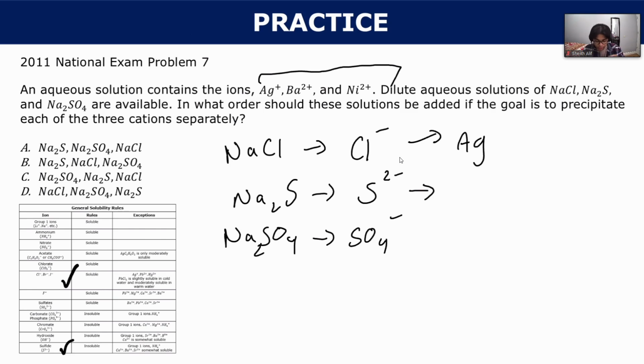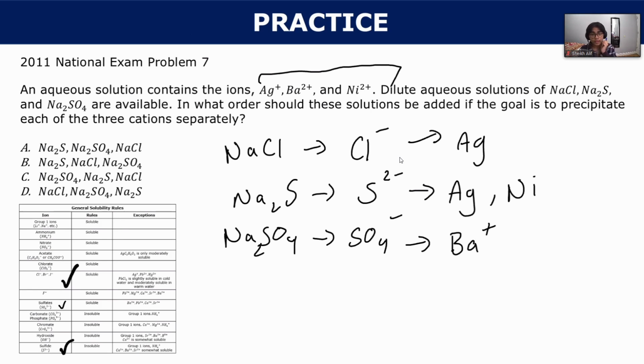Because all the others are going to be insoluble, but barium is one of those exceptions. So the ones that can precipitate are going to be the Ag and the nickel. For the last one, let's look at the solubility rules for sulfates. Sulfates are always soluble unless they're with barium, lead, calcium, or strontium, and we have one of those. We have barium. So it's going to precipitate the barium.